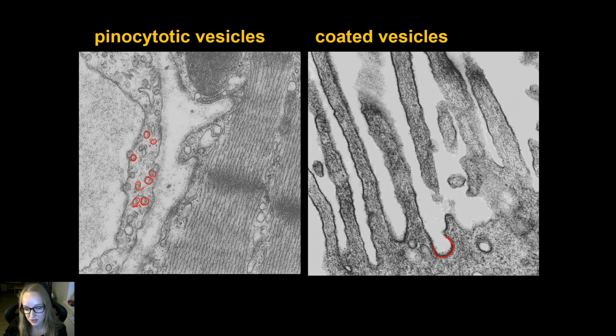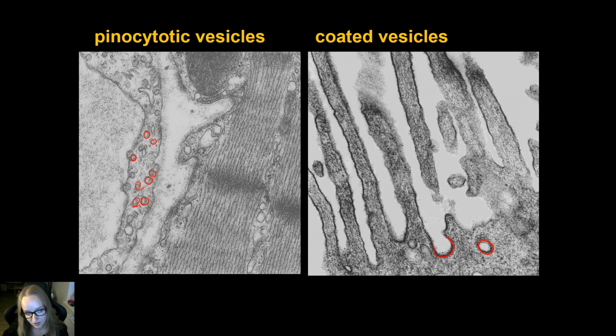We call this structure a coated pit, and a coated vesicle right here, because it has coating proteins. You remember, clathrin is a coating protein, but there are many others, but clathrin is the most important to remember. So clathrin proteins.